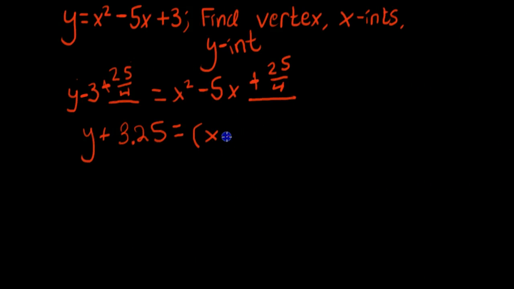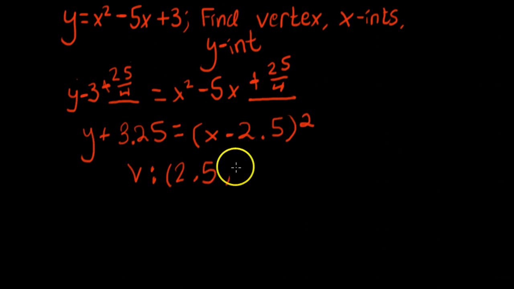So that's going to be minus 2.5 squared. And so that means that the vertex is going to be at 2.5, negative 3.25.